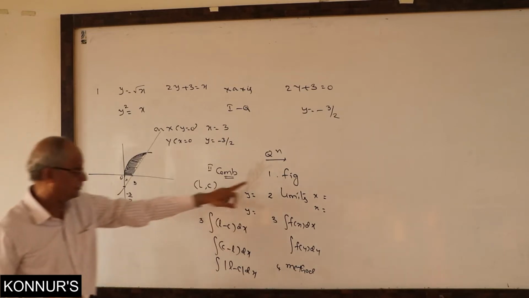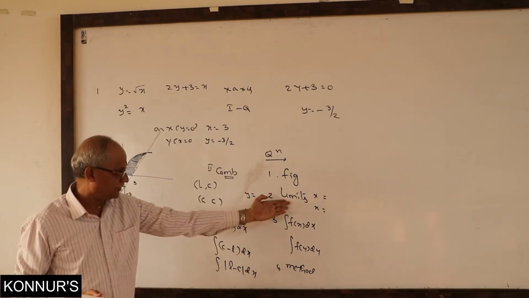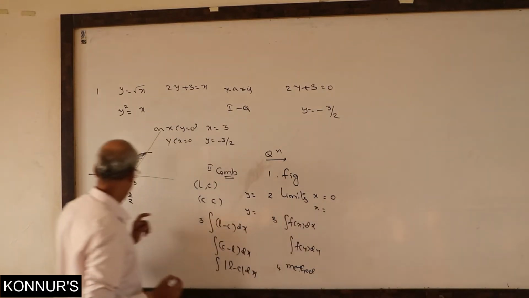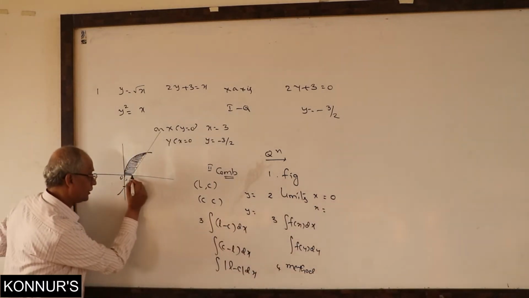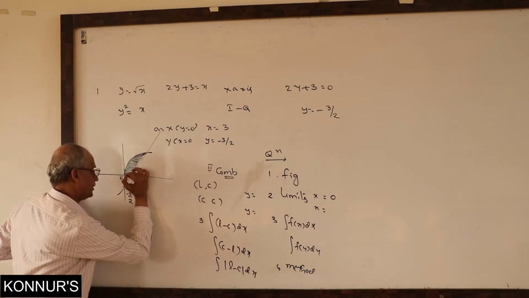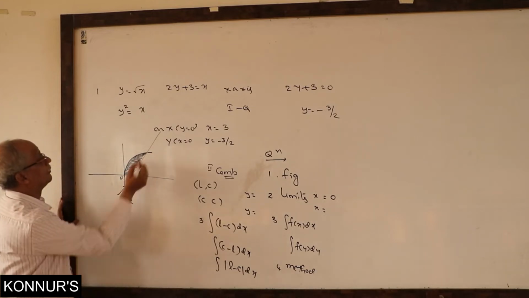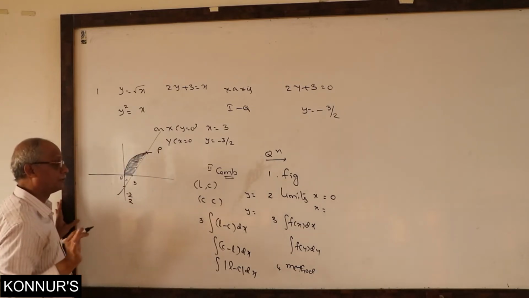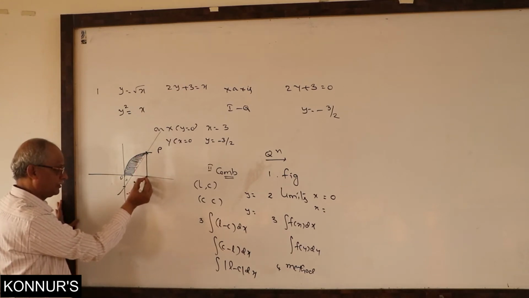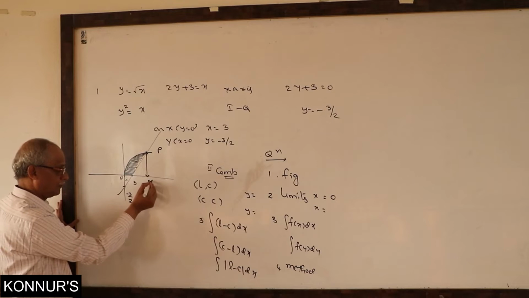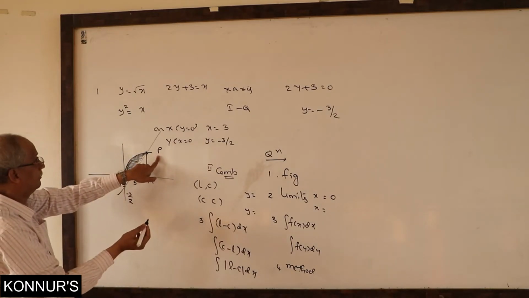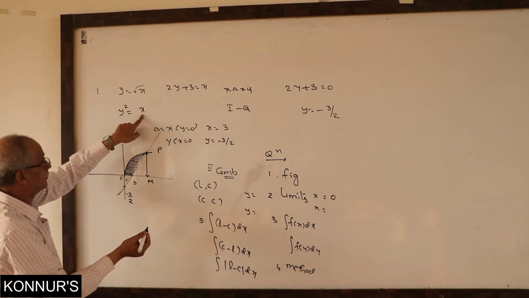Now the figure is complete. We have to get the limits. One limit is clear: x equal to 0, x equal to 3 here. This is 0. This is our curve. P is the point of intersection. How to get the point of intersection? y square equal to x.